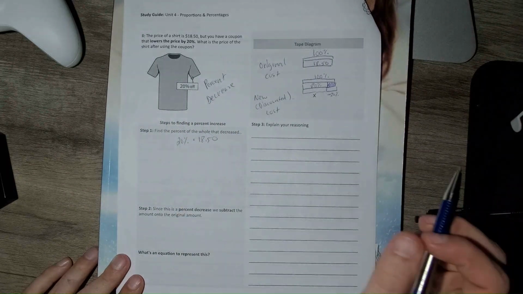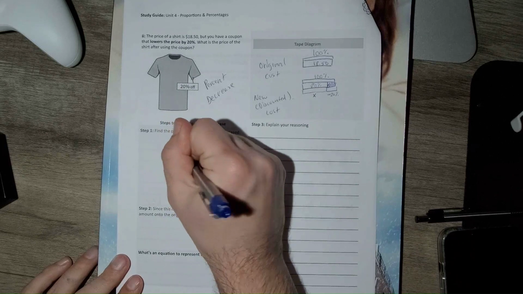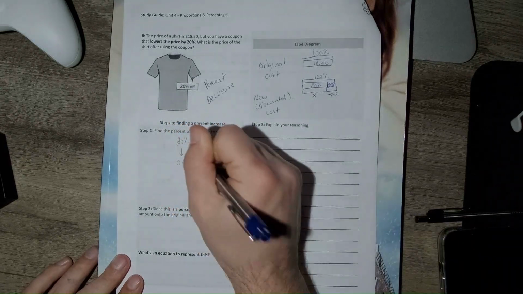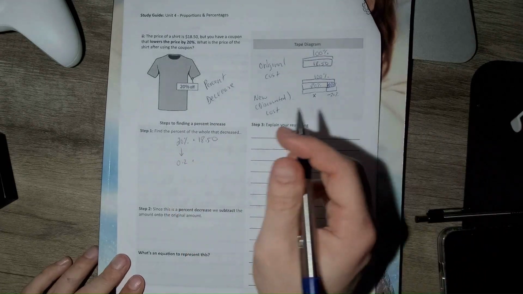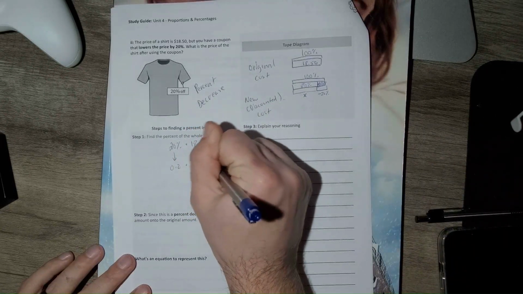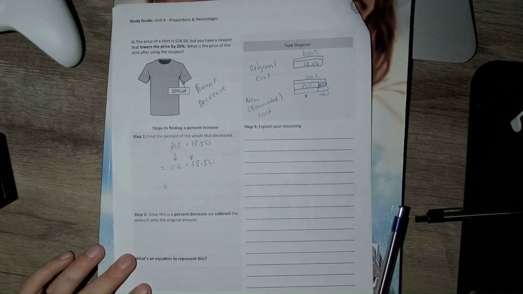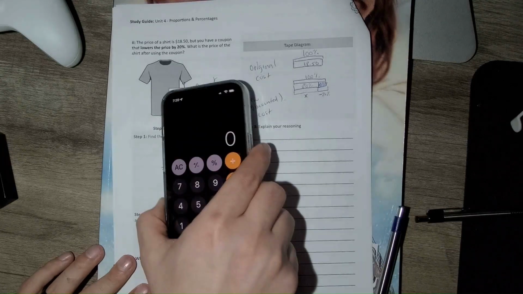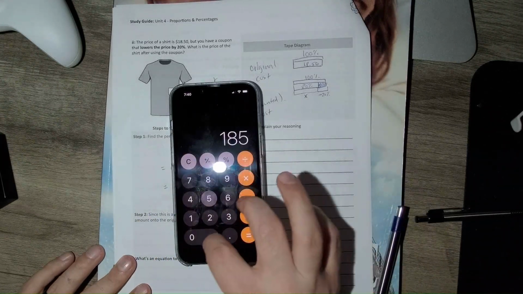I like to make it into a fraction, but you could just do 0 and 20 hundredths, or 0 and 2/10, times $18.50. You end up getting a discount, so you would do 20 hundredths times $18.50.